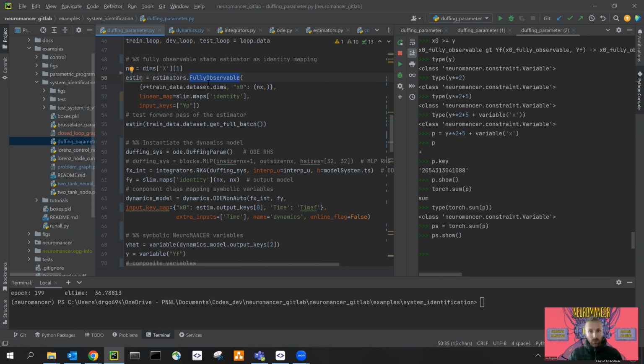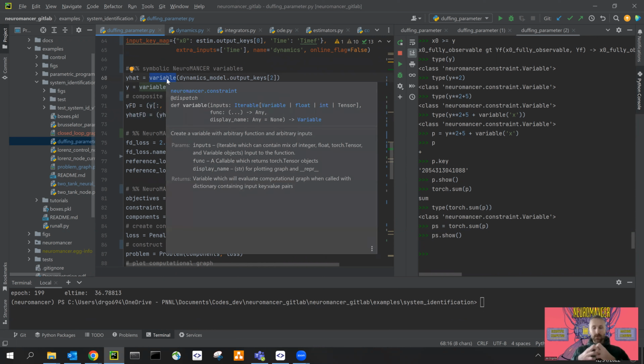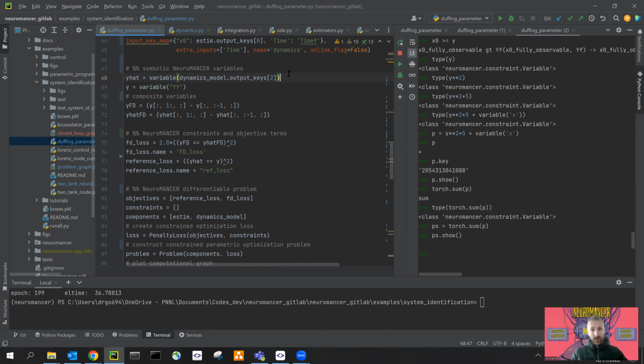But if you want to go really low level, define your variables and use them in constraints definition or objective terms definitions, then you can go to the variable class and combine them systematically together to generate complicated, complex symbolic computation graphs. So that's what we are doing in here.